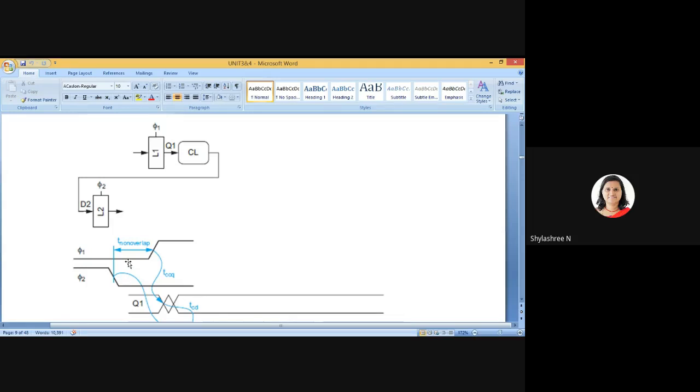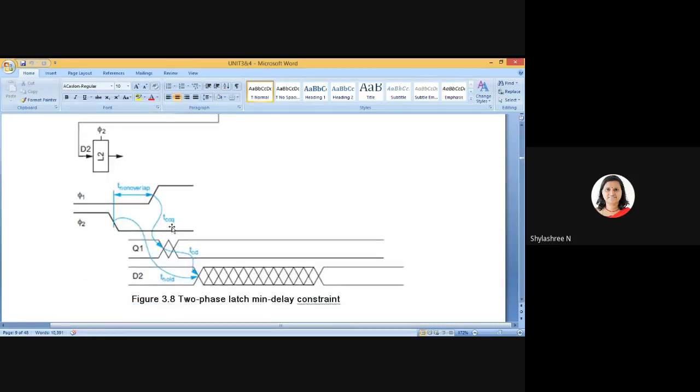So these edges are separated by T non-overlap. Here one more delay gets added. If you look at this timing diagram, not only the TCD, TCCQ, T hold, there's one more delay that gets added, that is nothing but T non-overlap.